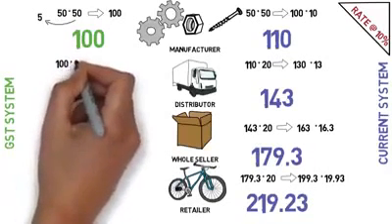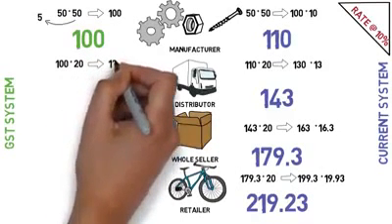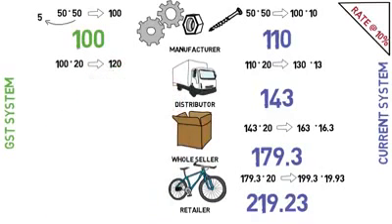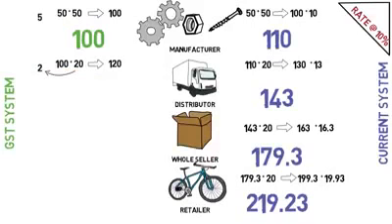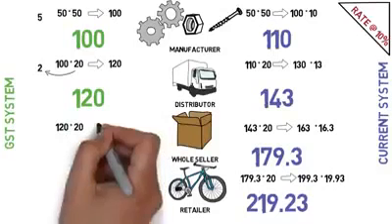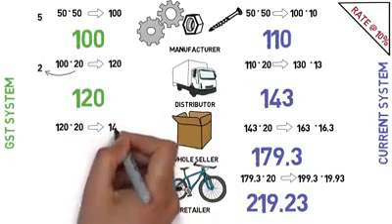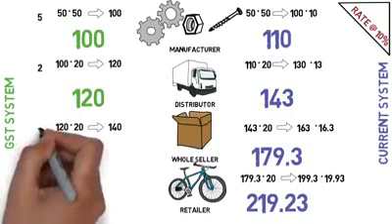Then the distributor adds 20 rupees profit and the product becomes 100 plus 20, which is 120 rupees. He pays the tax of rupees 2 on his profit of 20 rupees. The wholesaler buys the product for 120 rupees and follows the same pattern, adding 20 rupees as his profit, and the price will become 140, and he pays the tax of rupees 2 on his profit of 20 rupees.